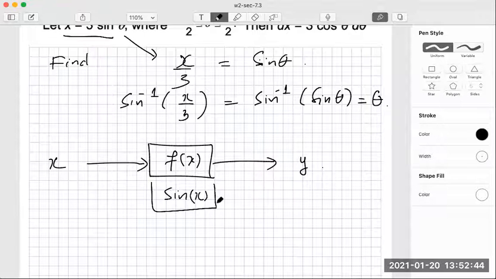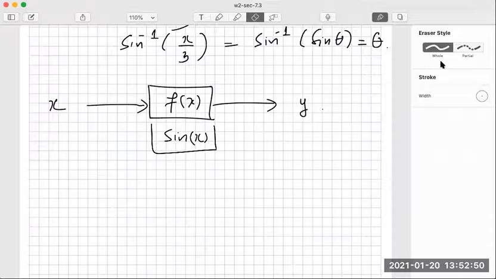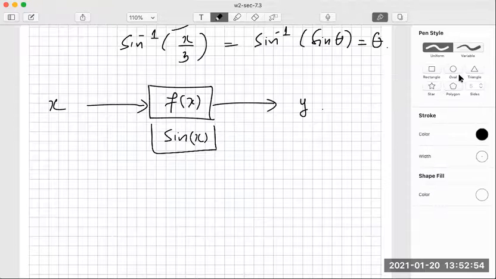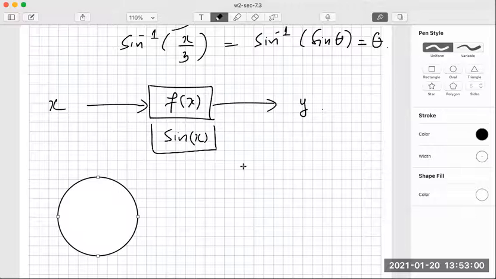In this case, let us review the properties of the sine function a little bit, because we have to. Suppose this is the unit circle.